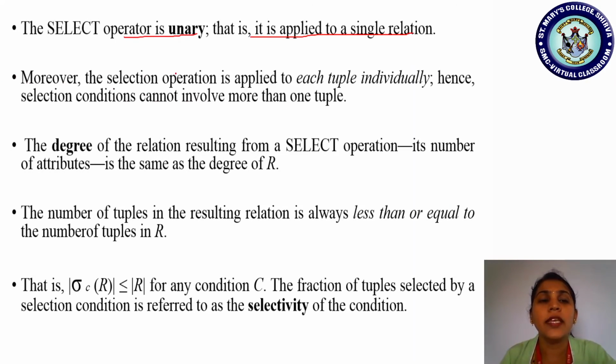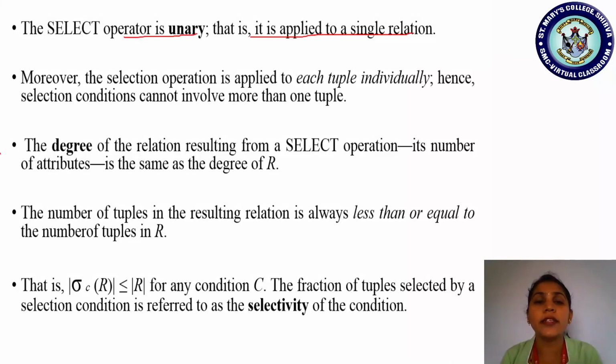The meaning here is whenever a condition is given, like select from employee where department number equal to 4, it is going to check tuple by tuple for all the records. With department number attribute only, it is going to search whether any record has the department number value 4.